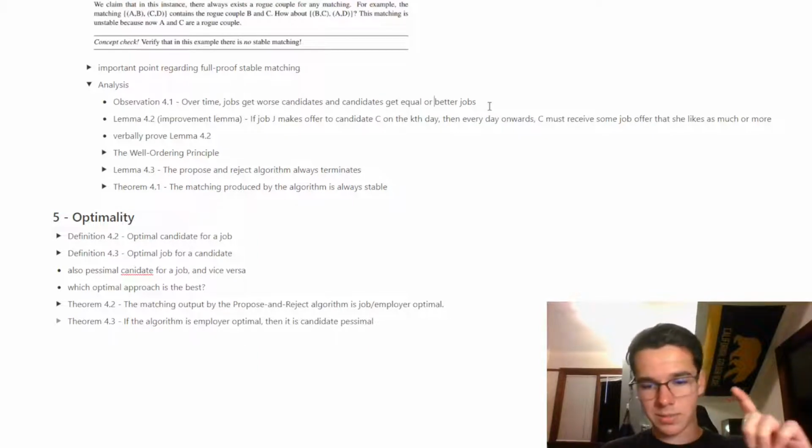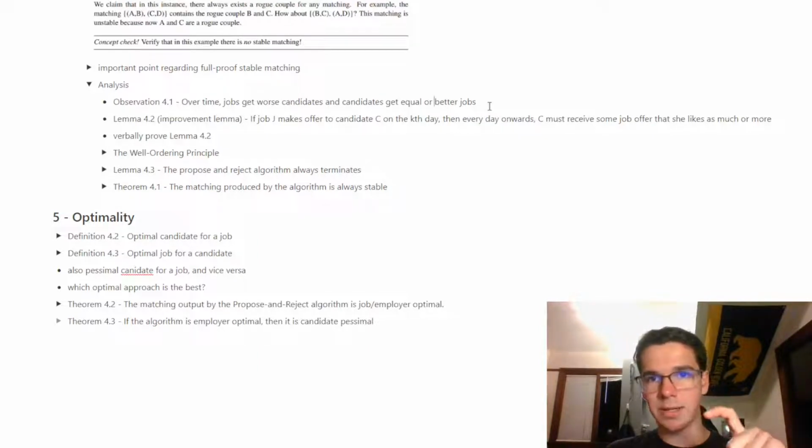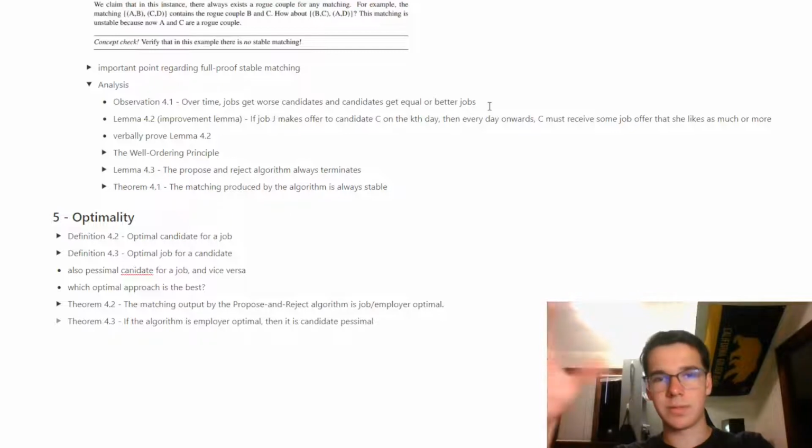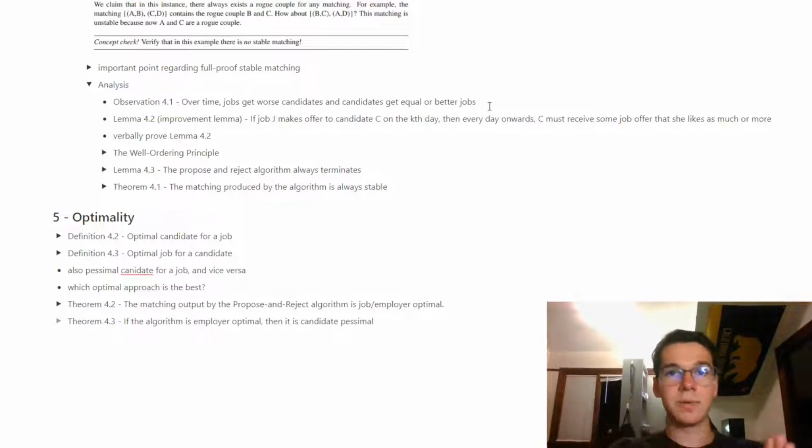Because the jobs propose to the top ranked candidates, if they ever get rejected, then they will be forced to propose to candidates that are worse than their top ranked candidates. However, as more jobs make proposals, the candidates will be faced with more options that will be equal to or higher in ranking than the initial job offers they got.